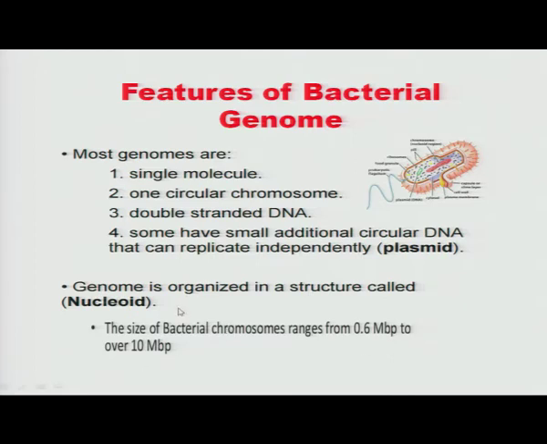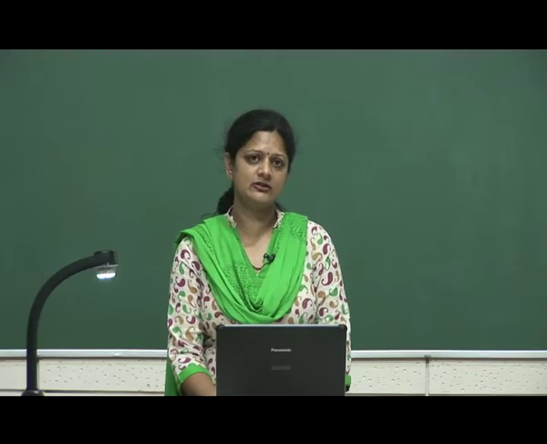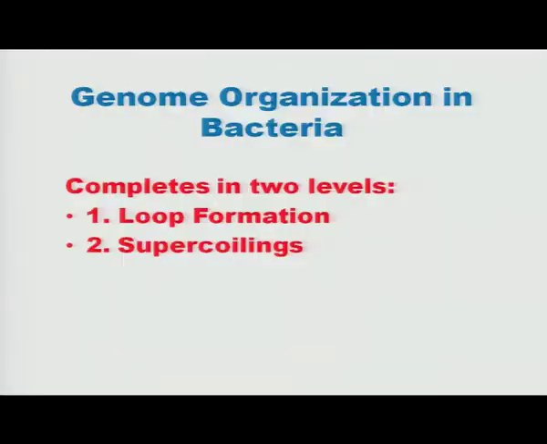Now, let us see how the bacterial genome packs and organizes itself in a bacterial cell. There are 2 levels of genome organization in bacteria. One is loop formation and the second one is supercoiling.